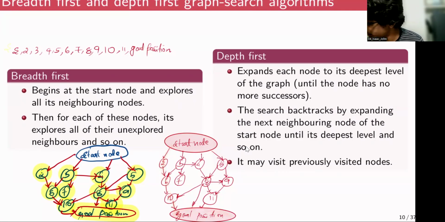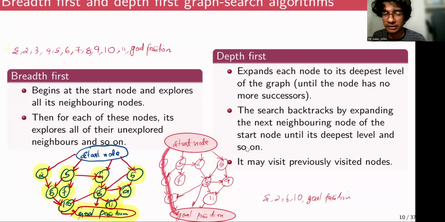One possible option is start, 2, 6, 10, and then the goal position. As you can see, it has reached all the way to the goal position in a much shorter way because it tries to expand the nodes to the deepest level.